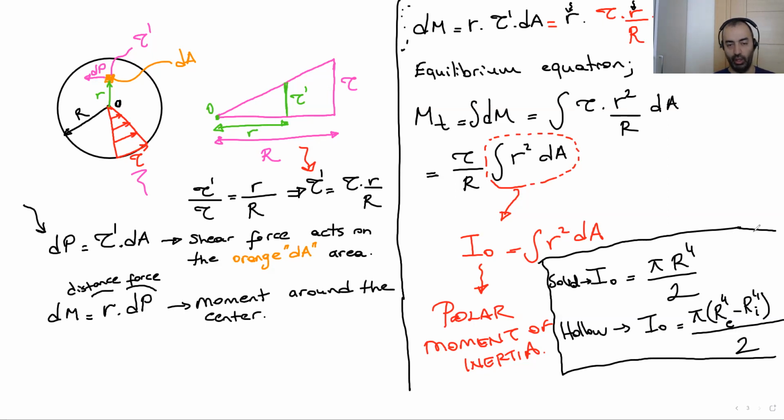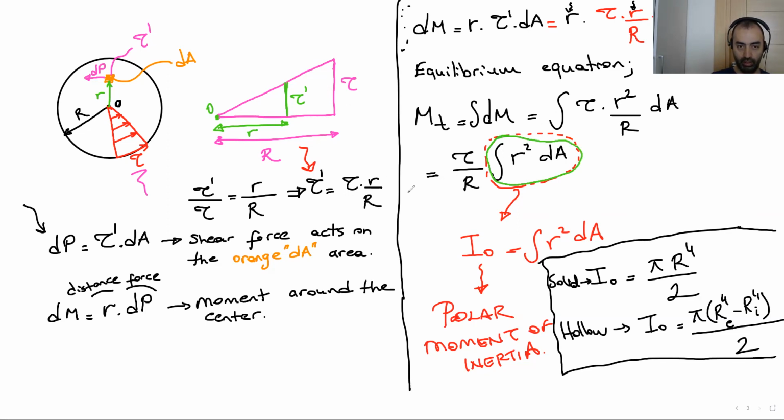Now, we know what the polar moment of inertia is. So if we know the I0, basically, this portion is I0.